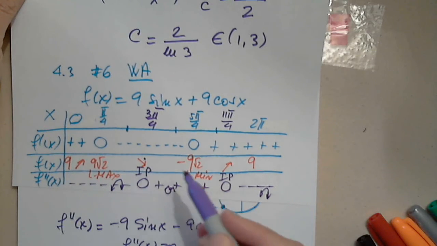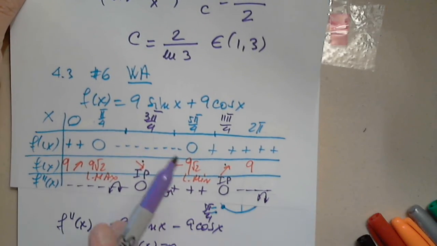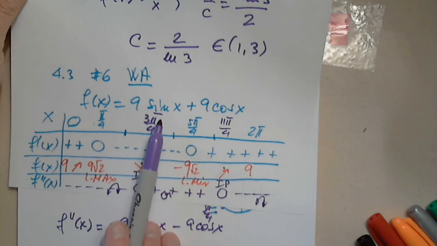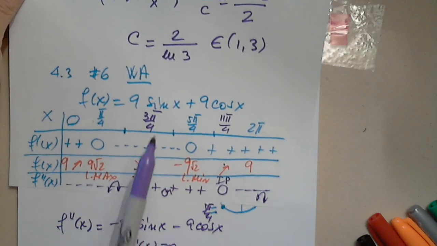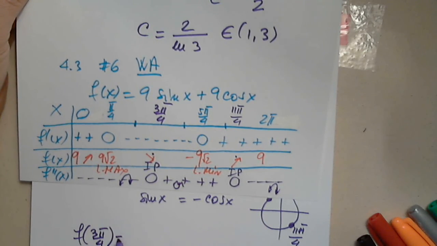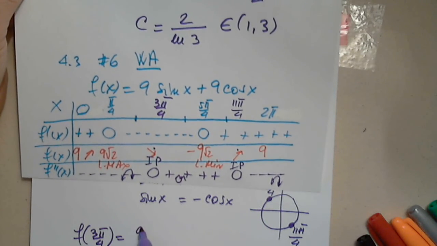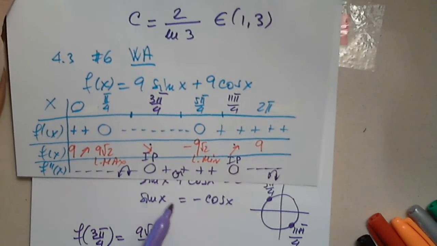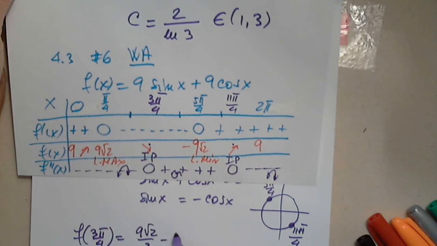And I have to determine this value. Back to the function. With 3 pi over 4, this is the square root of 2 over 2. So f of 3 pi over 4 is 9 times the square root of 2 over 2. And with 3 pi over 4, this is negative, so it will be 0.